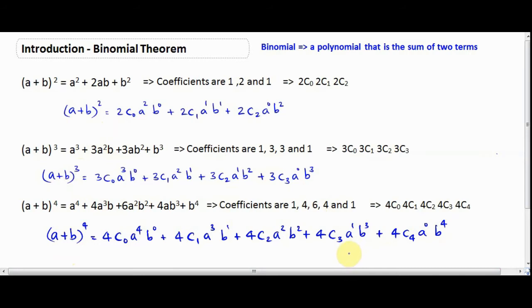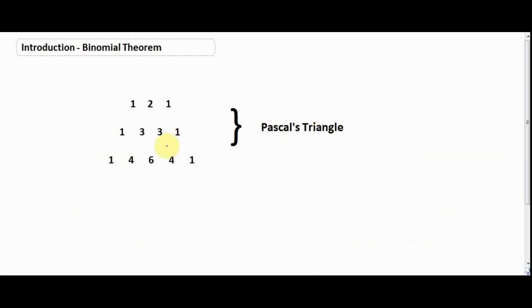Okay, now let's have a look at Pascal's triangle. So in Pascal's triangle we have a set of rows. As we descend down the Pascal's triangle, you can see that the number of coefficients increases. Here the first row corresponds to a plus b whole square.